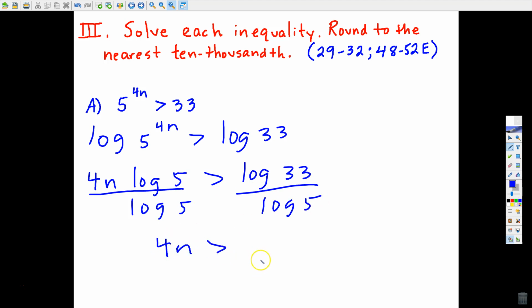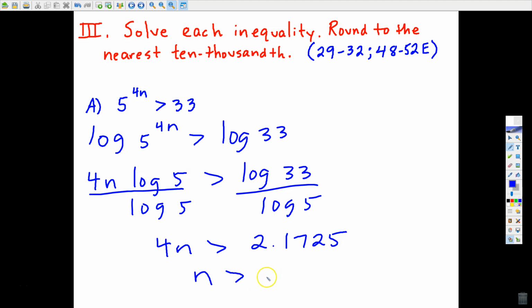So give me that decimal, Campbell, what is log 33 divided by log 5? 2.1725. Okay, and I would just leave that in your calculator. To get our answer for n, we just need to divide that number by 4.